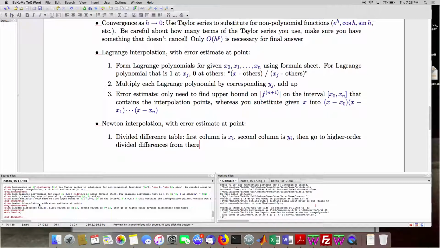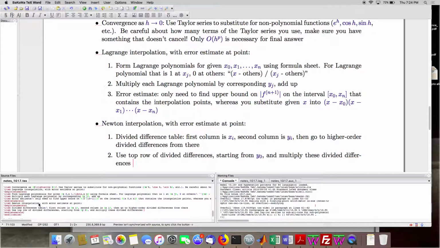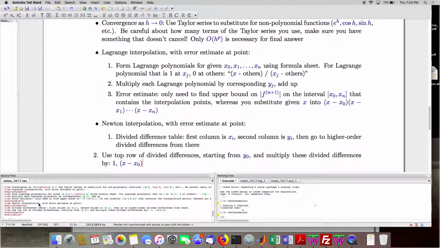Okay. Once you have that, use the top row of divided differences, starting from y0, and you multiply these divided differences by these polynomials: 1, then x minus x naught.